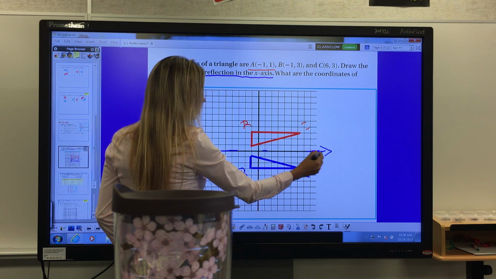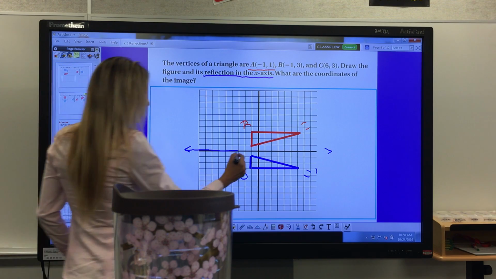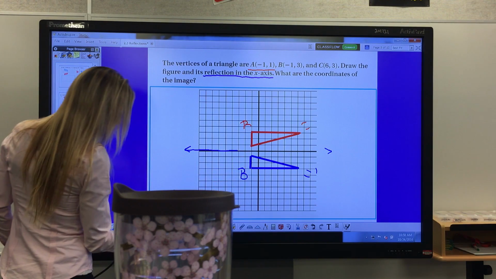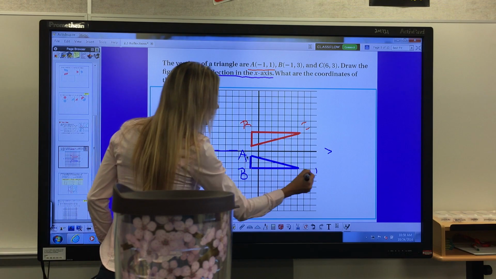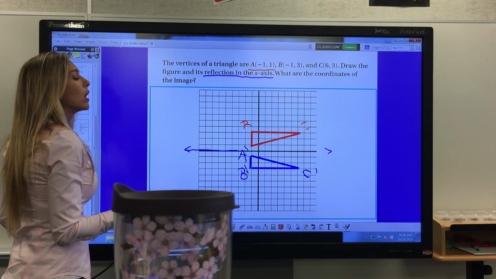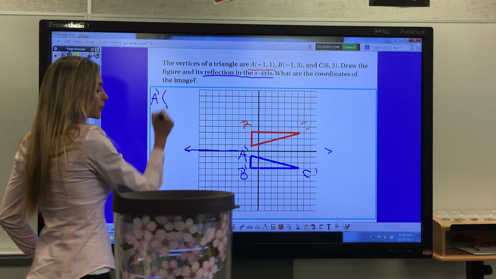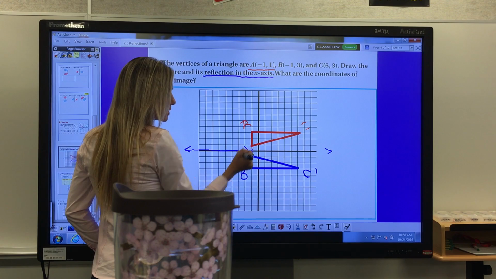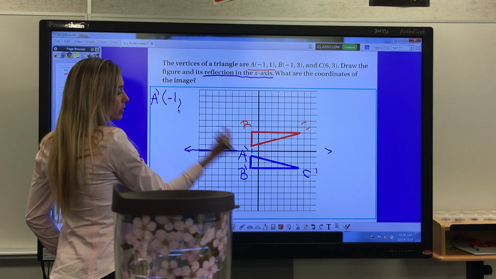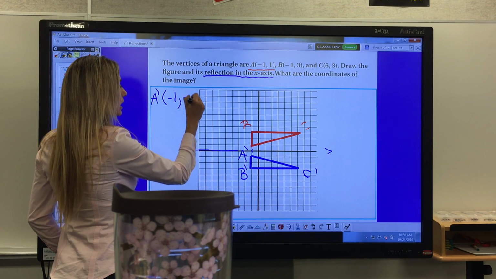And again, your teacher most likely will ask you for your coordinates. So you're gonna have to make sure that you know your axes and your coordinate plane pretty well. So let's look. Point A prime. X comes first, right? So this is -1, 1 unit left from the origin, and 1 unit down, so it's -1.